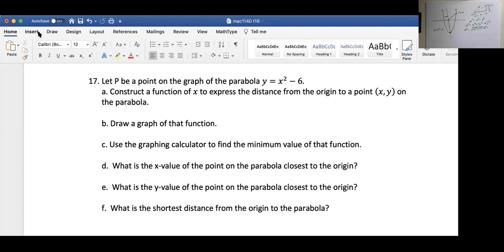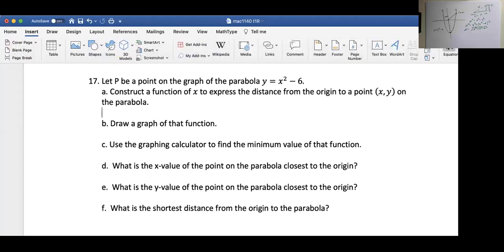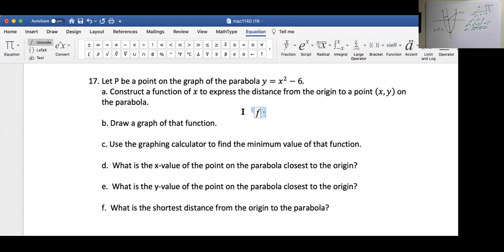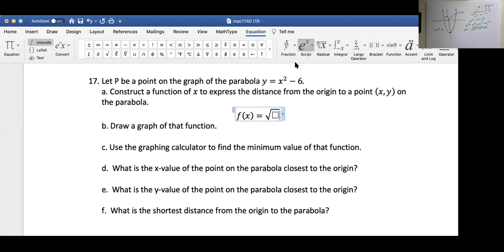Let's go ahead and write in that function. So it's just a function of x. That's what we're going to enter into our graphing calculator, which will be the square root of x squared plus (x squared minus 6) squared.